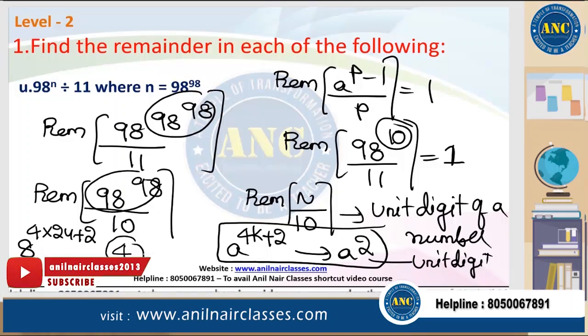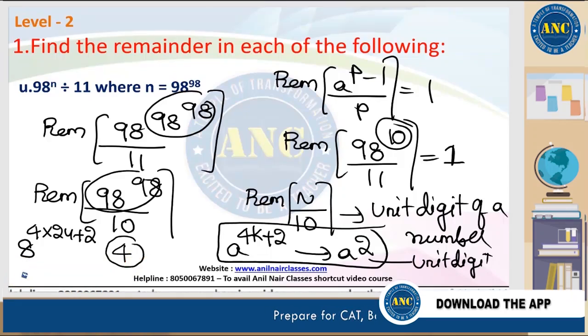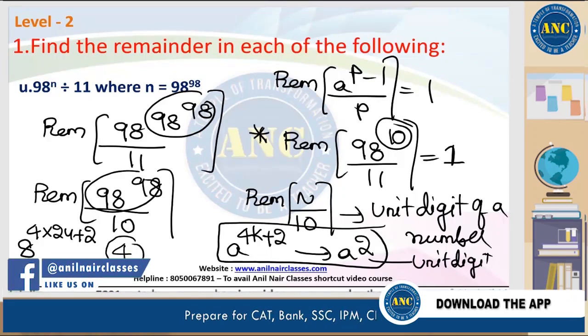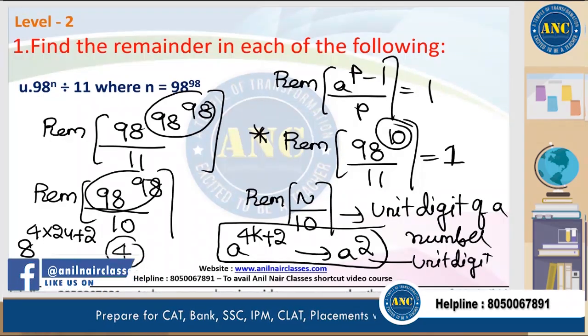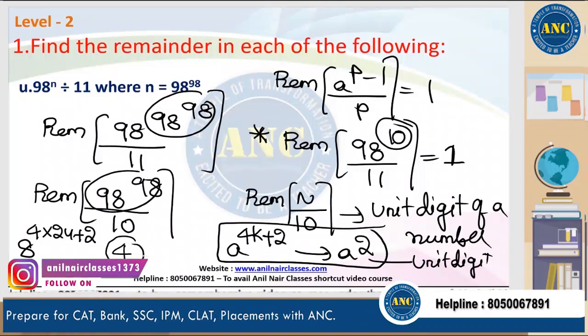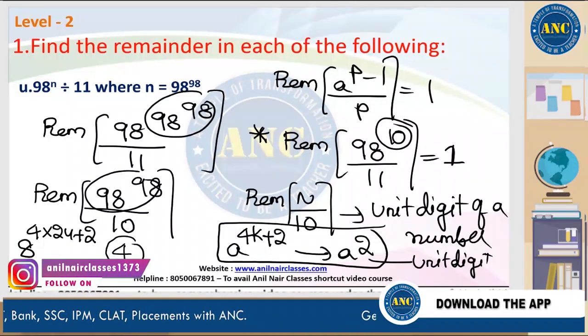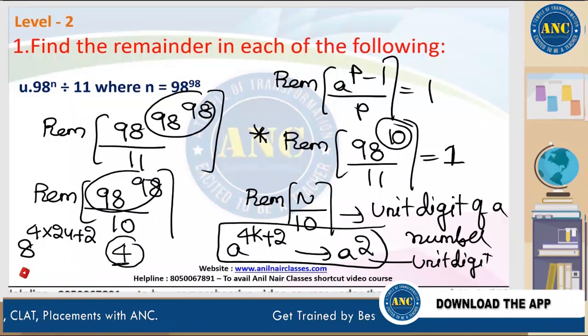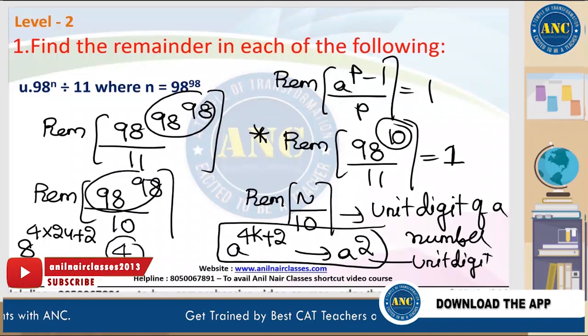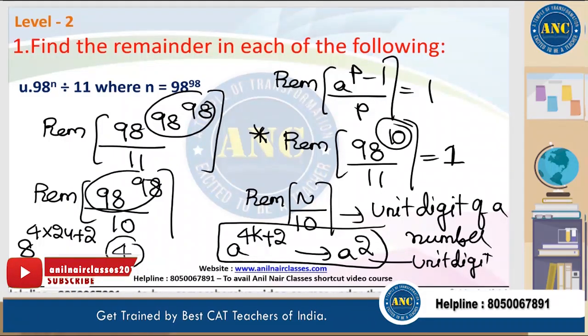If it is divided by 11, power should be 10. So the first step is 98 power 10 divided by 11 is 1. Then divide 98 power 98 by 10. What is the unit digit?